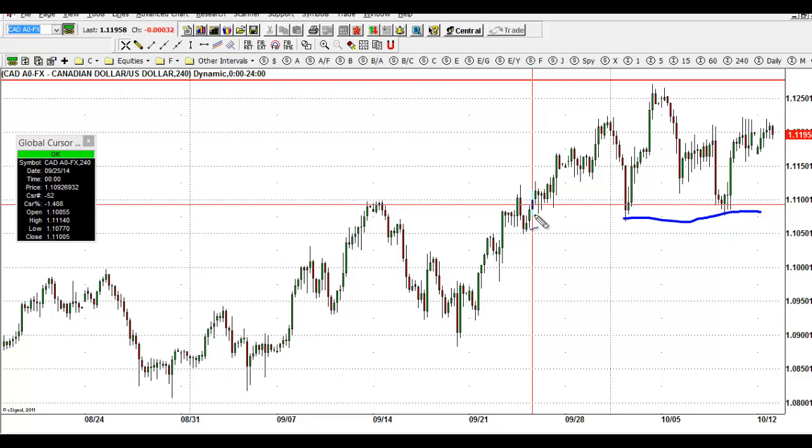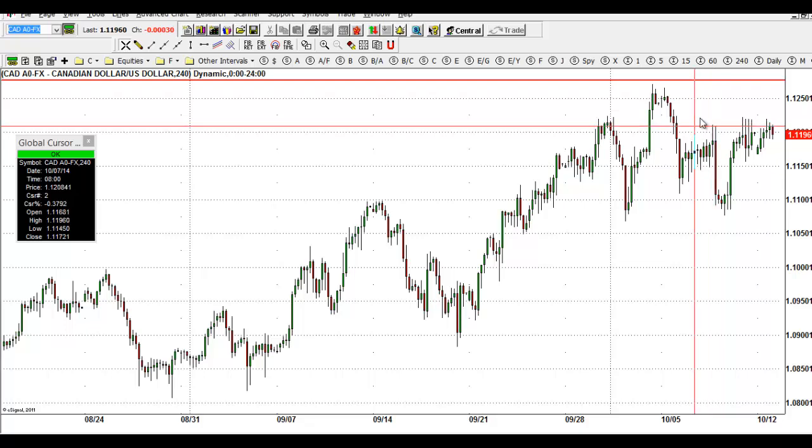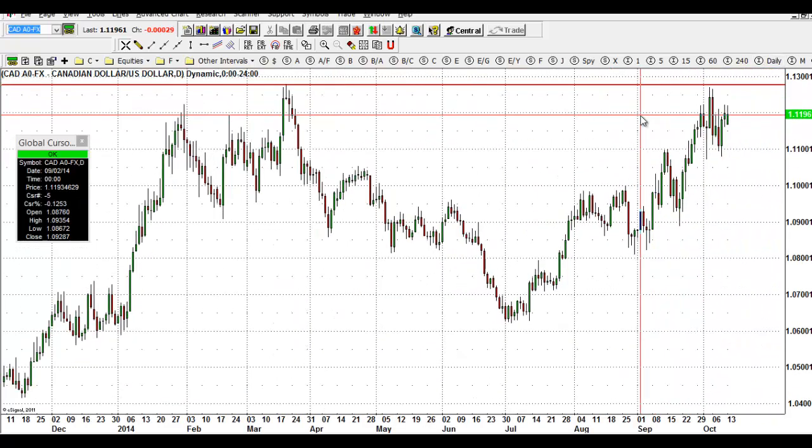And if you look carefully, you could see that this could be a head and shoulders top forming. But a head and shoulders top is not confirmed until the market breaks the neckline, which is here. So we have to see if the market breaks down below the neckline or it continues up. So you'll be in a wait and see mode here for the Canadian dollar.